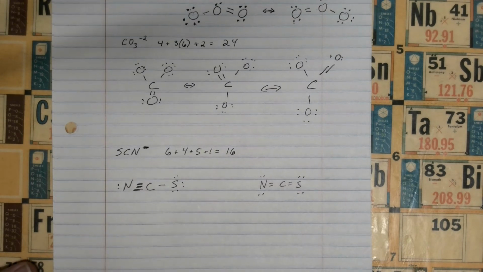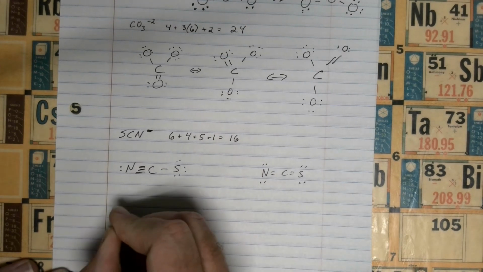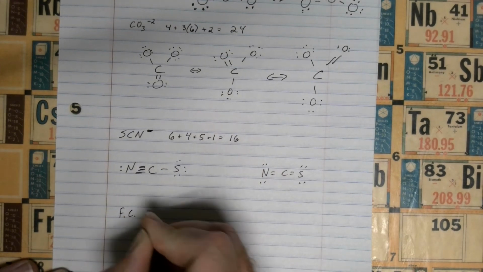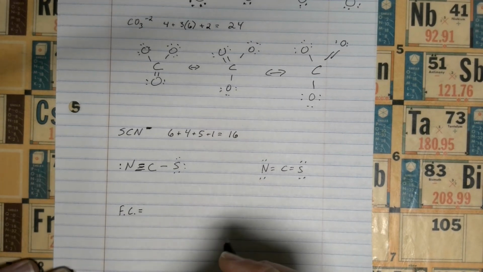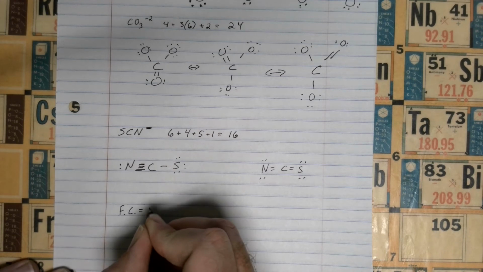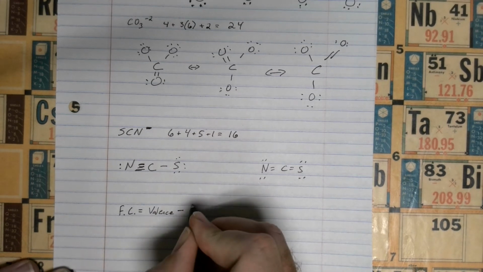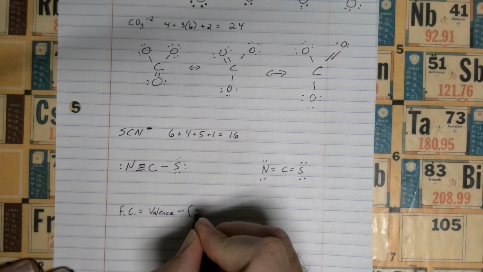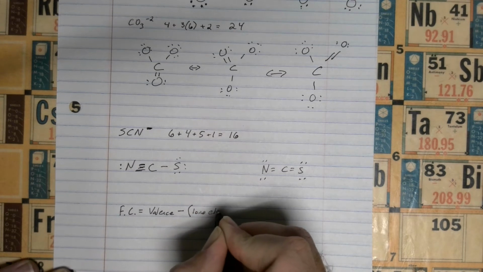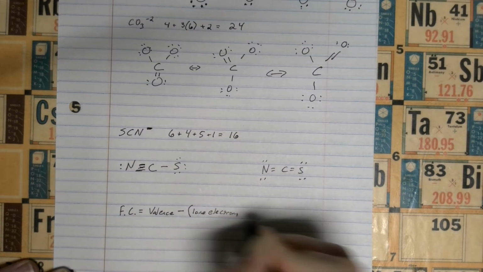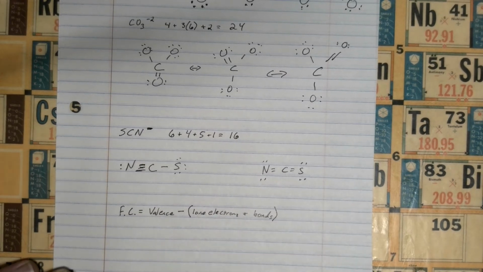So what we do is we use something called formal charge. And formal charge, I'm going to just abbreviate it FC. There's a way to calculate it. So it is valence electrons minus lone electrons plus bonds connected to that particular element.